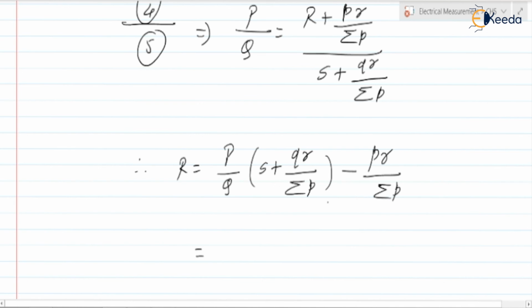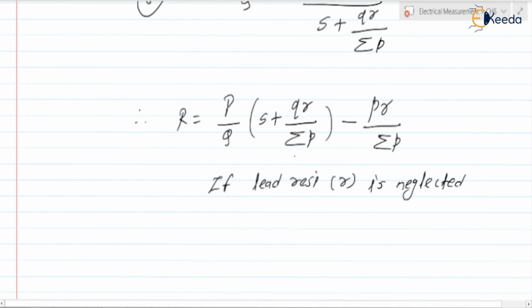If lead resistance, that is small r, is neglected, meaning if you consider it as 0, then this term becomes 0, this term becomes 0.